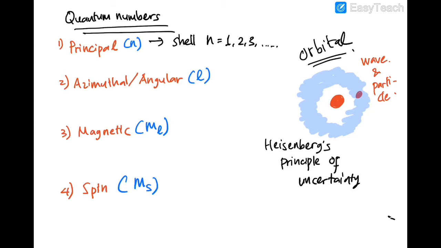Now the shape of the orbital is actually derived from the wave function squared that we discussed in the previous segment, and the derivation of such wave functions results in different shapes of orbitals that are hinted at in the l number. Now let's talk about l.